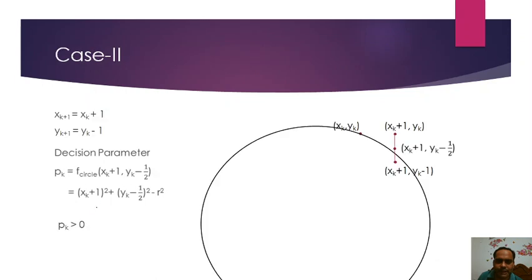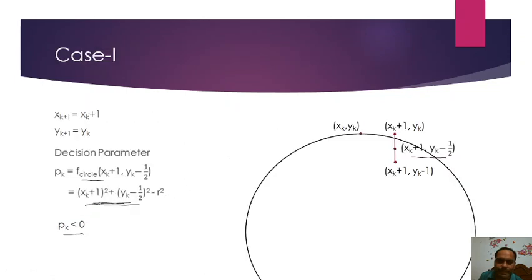Similarly, case 2 is identified by the midpoint. In case 2 this midpoint is outside the circle, as you can see from the diagram. So in this case the same value of the decision parameter will be greater than 0. So from these two values we calculate pk.